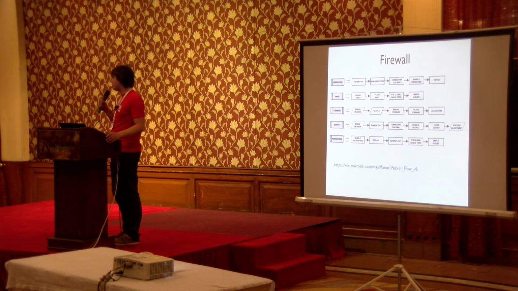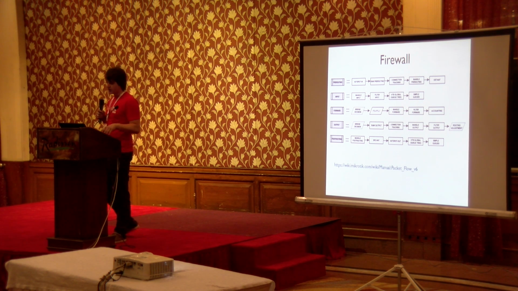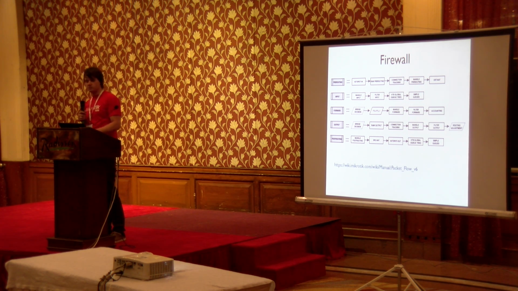And there's also output and post-routing chain, which is responsible for checking the IP packets which are sent from the router itself. And each block represents a router's facility that will inspect your IP packet and perform some action if criteria is matched.